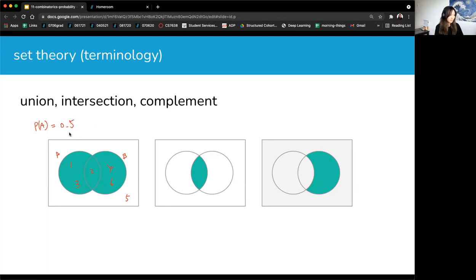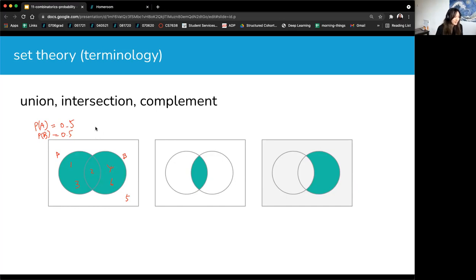And the probability of B is also 0.5, right? But what is the probability of A and B? Because the two overlap over the 2, you cannot just add them together because you're double counting the 2. So it is not 0.5 plus 0.5. It's definitely not 1 because we have this 5 out here.